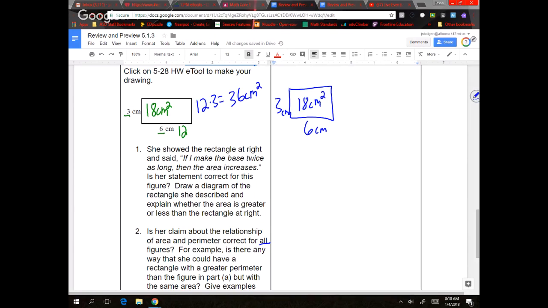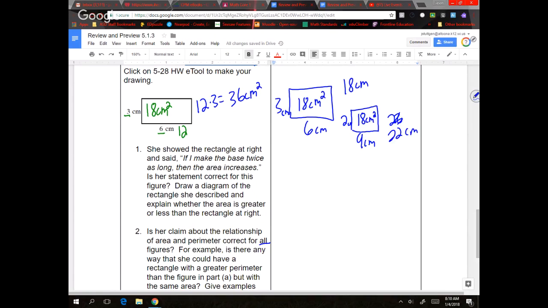And in case we didn't know, the perimeter of this one is 18 centimeters. Okay? So the area and perimeter are the exact same. If I make another rectangle, and it's 2 centimeters by 9 centimeters, the area is still 18, but now the perimeter is 22 centimeters. Okay? So that's proving that her claim is incorrect.